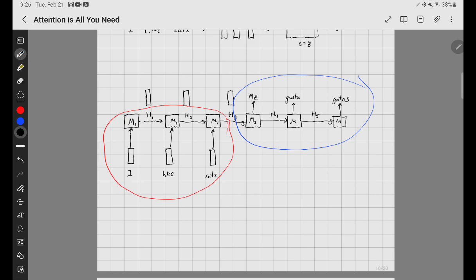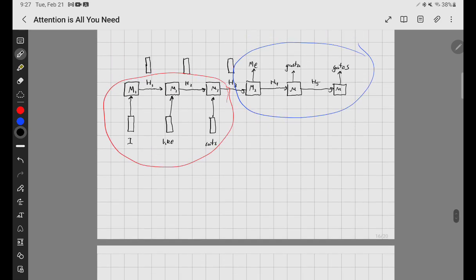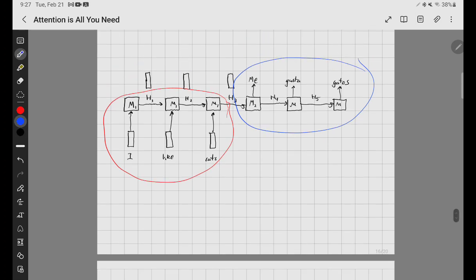There's two big problems with this. The first is if I have a sentence that is really long, so I like cats is really short, but say I have a sentence that has 500 words in it, it has to compact all 500 words into this H3 vector, or in this case it would be H500.